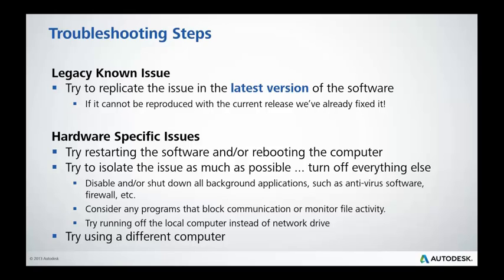We find that larger corporations have a big brother type software that monitors employee activity, and sometimes this can cause an interference between the software communication and the computer or hardware. Lastly, if you're running it on a network drive, we would suggest that you try running locally. This will tell you if it's a network issue or not.